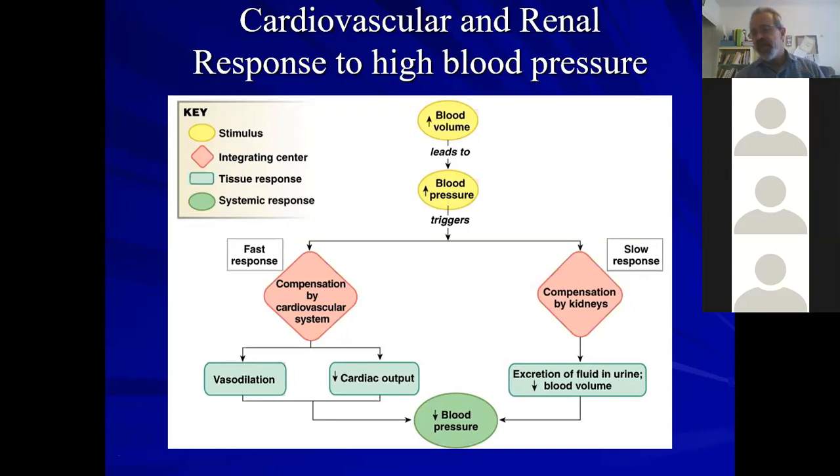So this is a neat early and delayed response, and we have a lot of these. Even our stress response has an early and then a chronic phase. So these are two aspects of the response to blood pressure, both cardiovascular and renal, or kidney.